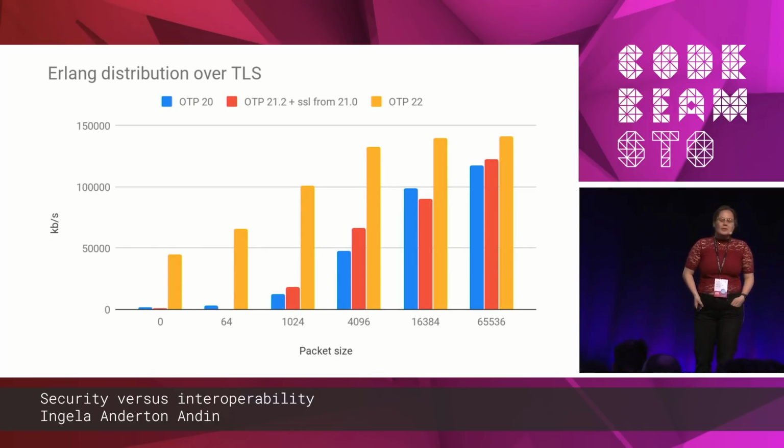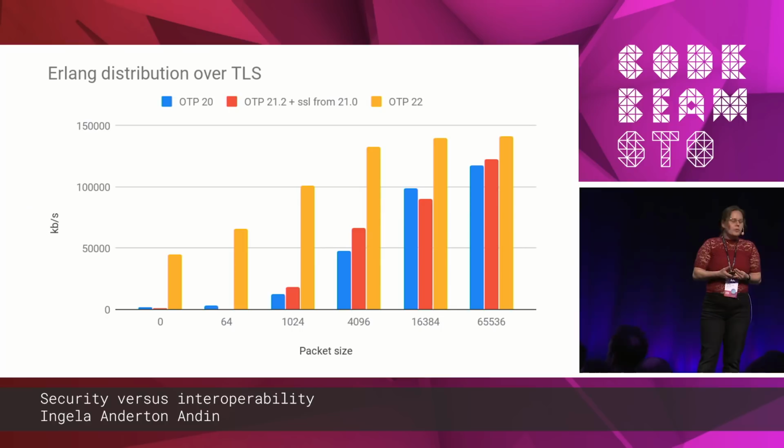So let's talk about distribution throughput. We have done some benchmarking, and we took OTP 21.2 because there were some performance issues in OTP 21.0, but the SSL application is from 21.0 because we wanted to have the version of SSL where we had done no optimizations.